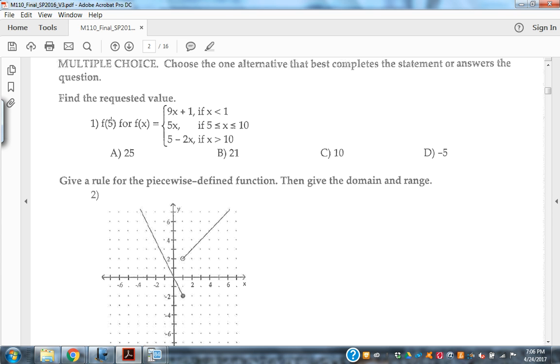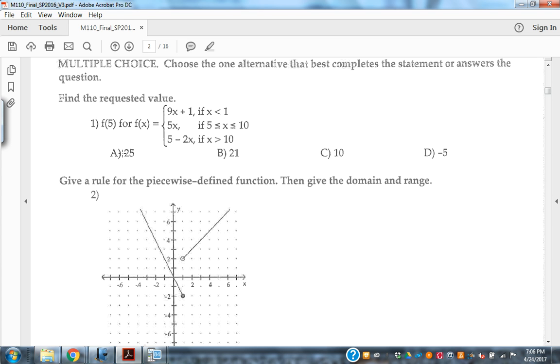So 5, is 5 less than 1? No, so you don't use that. You don't use 9x plus 1. Does 5 work in this inequality here? Because it's equal to, and that's got 5 less than or equal to x less than or equal to 10. 5 does work in that one. So you're going to plug the 5 in there.